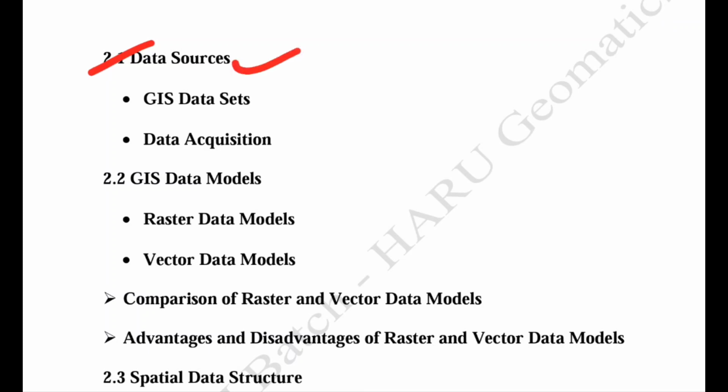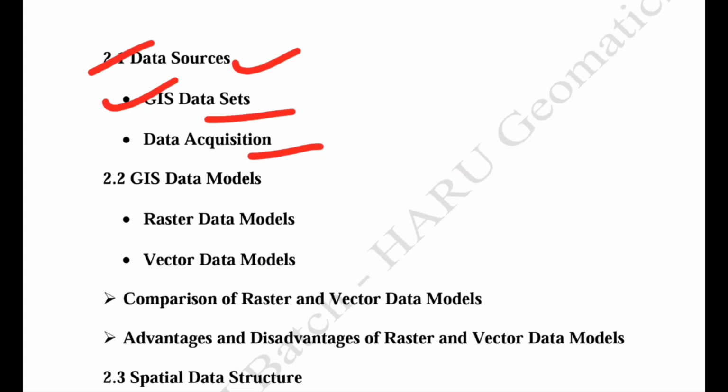So first of all, we will read about the data sources, means what are the sources to collect the data for the GIS, and in which we will read about GIS data sets and data acquisition.